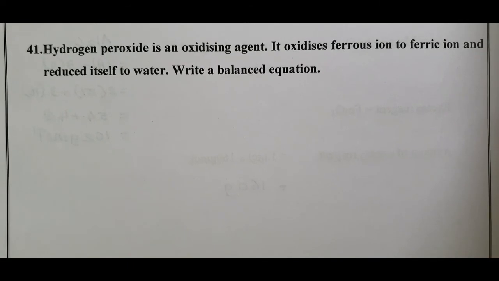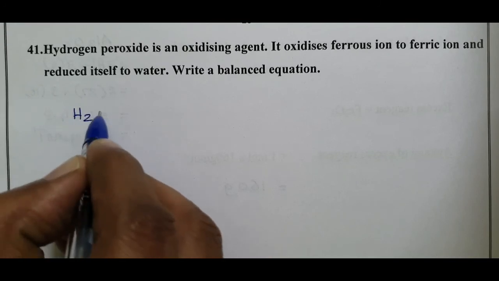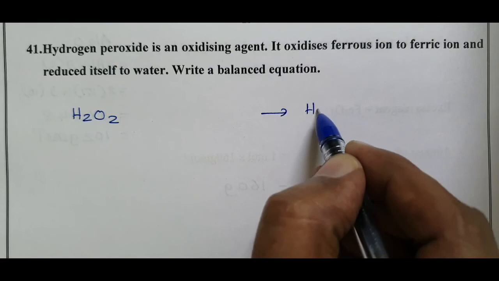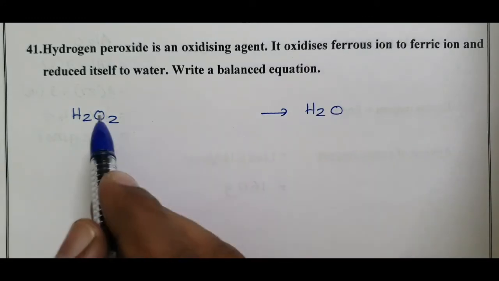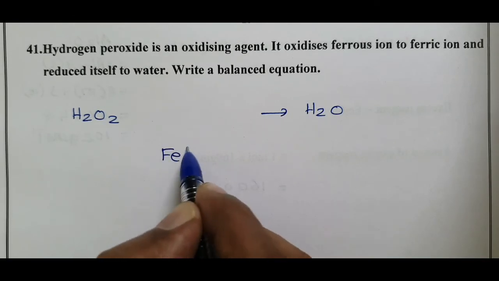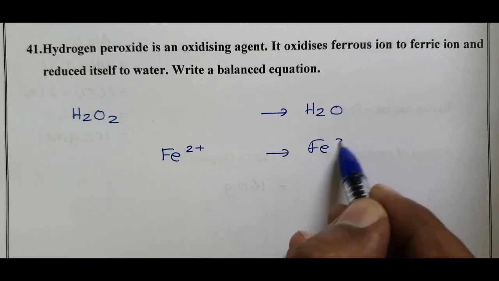Easy reaction. Hydrogen peroxide H2O2 is reduced into H2O. I will tell how this reduction takes place. And it oxidizes ferrous ion Fe2 plus into ferric ion Fe3 plus.